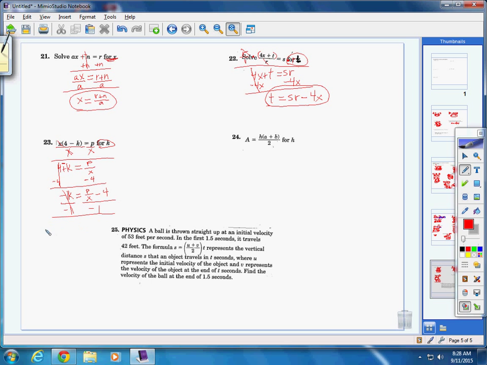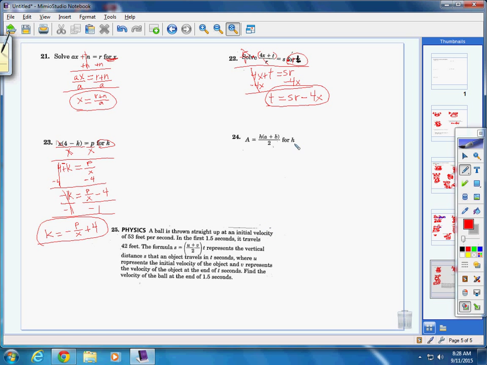And we are left with k, positive k, equals negative p over x plus 4. Because when you divide by negative 1, you flip the signs. This guy becomes negative, this guy becomes positive. Right here is your final answer. You also could write 4 plus negative p over x, or 4 minus p over x.